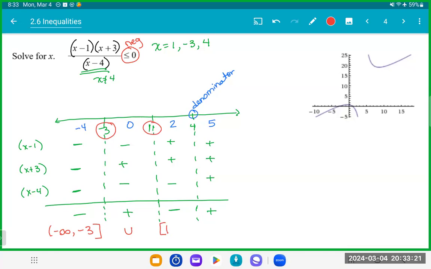It's not in the denominator, up to 4, but I have to put a parenthesis on the 4 because I cannot include the value of 4. I can only include everything up to 4. Okay? Question. So that would be that inequality solution in interval. Okay? Any question?